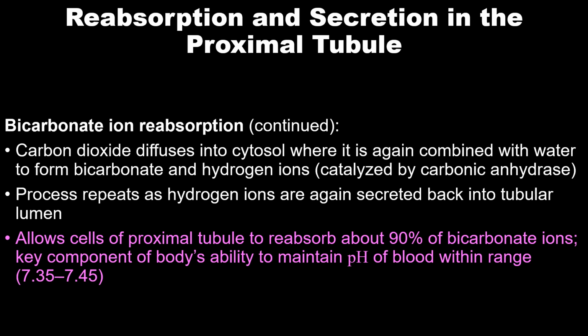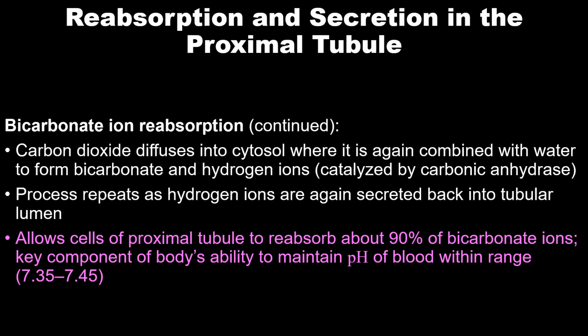Eventually, these bicarbonate ions are going to be transported across the basolateral membrane into the interstitial fluid and eventually diffuse into the peritubular capillaries. This whole process is basically going to repeat as hydrogen ions are again secreted back into the filtrate. Any hydrogen ions that are released when carbonic acid dissociates are going to be recycled.